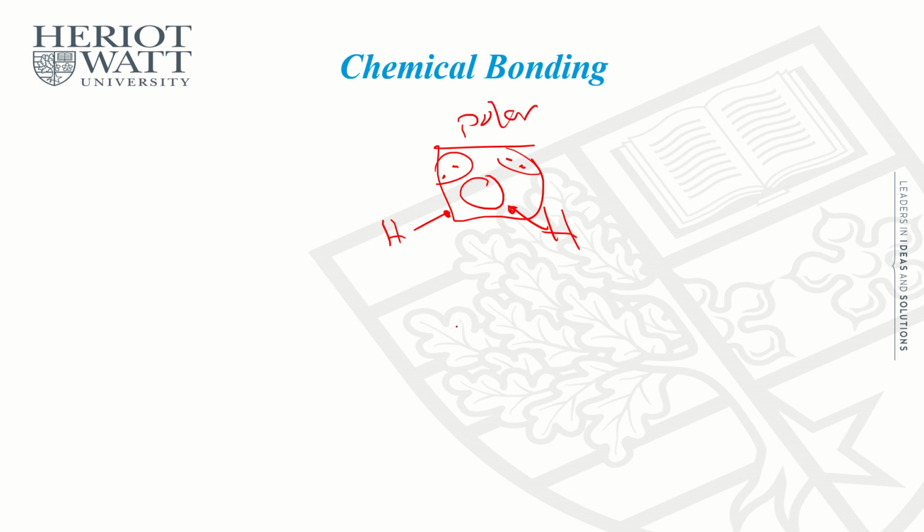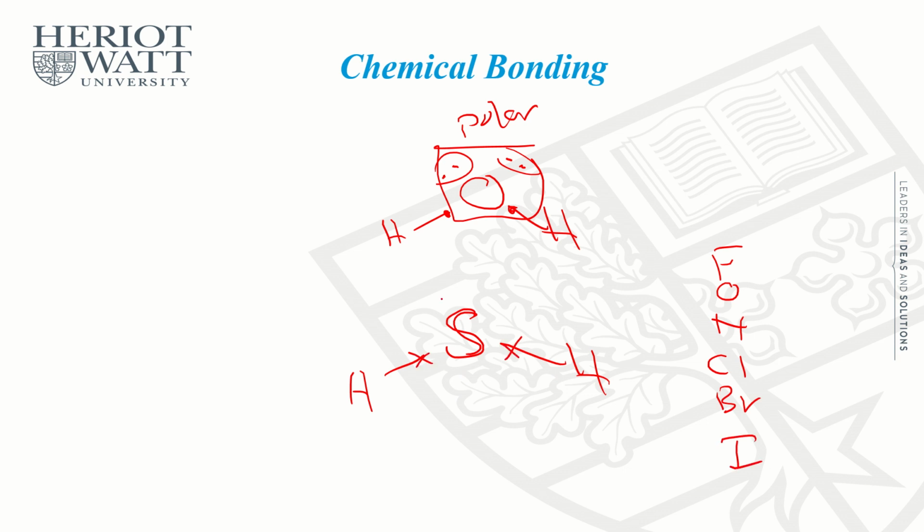Okay. For example, H2S. Is this a polar molecule? Sulfur is not from the list of F, O, N, Cl, Br, I, but sulfur has a lone pair. Also, same as oxygen, I have 1, 2, 3, 4, 5, 6 valence electrons. I have 2 pairs of electrons left, and this sulfur is actually the central atom.